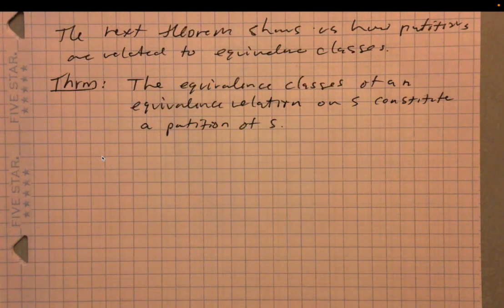You'll notice the equivalence classes of an equivalence relation on some set S are going to end up partitioning S. Everything in S is going to be in some equivalence class, and none of the equivalence classes will overlap with each other.